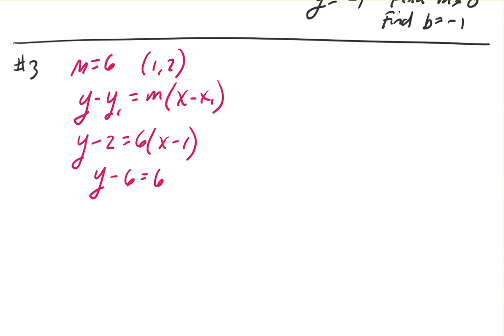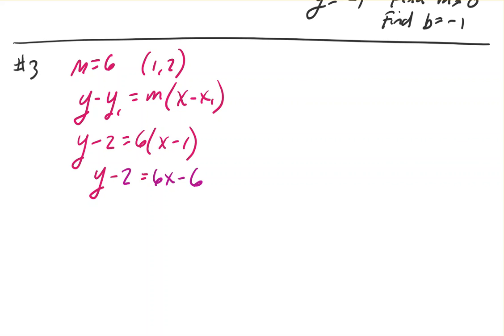Oops, I said that wrong. That was my bad. Y minus 2 equals 6x minus 6. Let's see, what do we want to do here? And this is where they want us to stop for right now, but keep in mind the eventual goal is to create the slope intercept form.